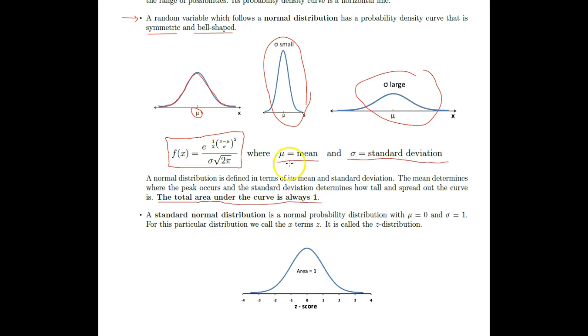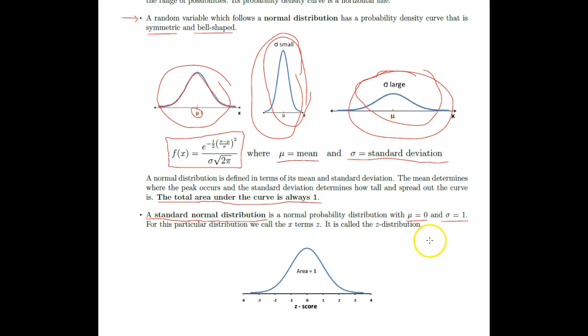Okay, so what we do is we condense all of these different distributions. We have this curve, we have this curve, we have this curve. We have tons of different curves you can make for every single variable, depending on what its mean and standard deviation is, and we condense them all down into one curve, and we call that the standard normal distribution. So what we do there is we let the mean equal 0 and sigma equal 1.